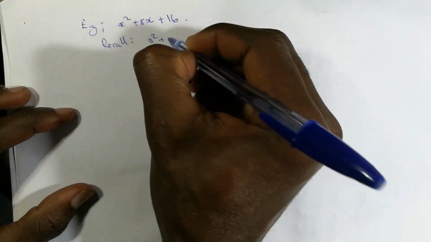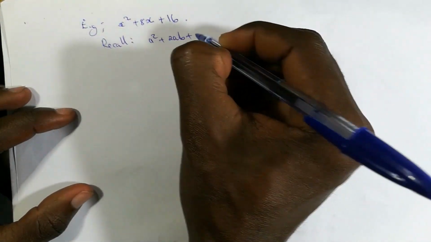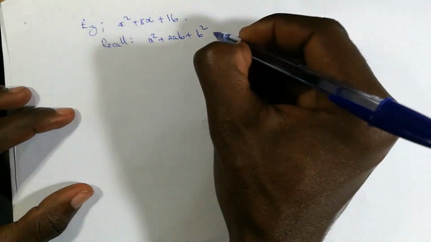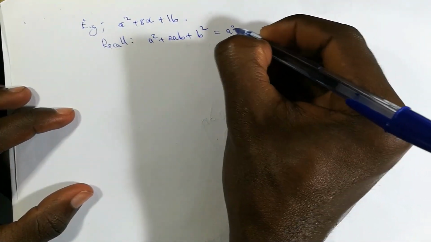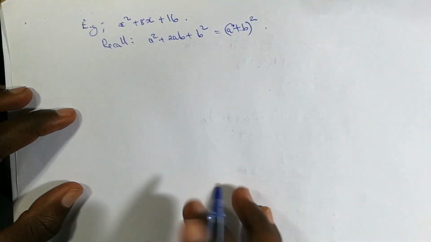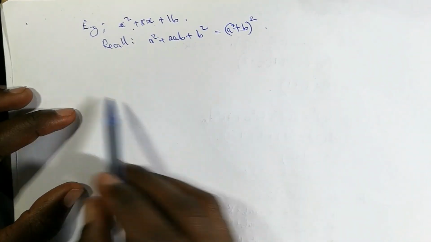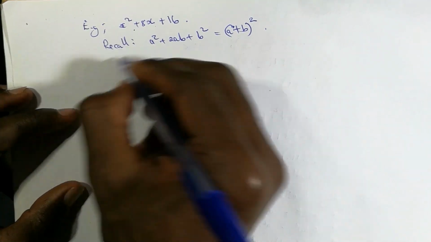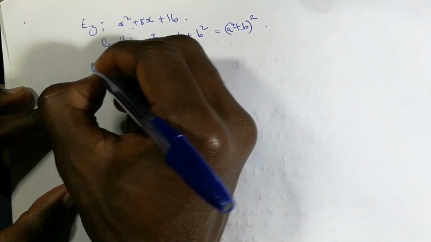a squared plus 2ab plus b squared is actually (a+b) squared. You see we have plus throughout here. That means we can compare these two.